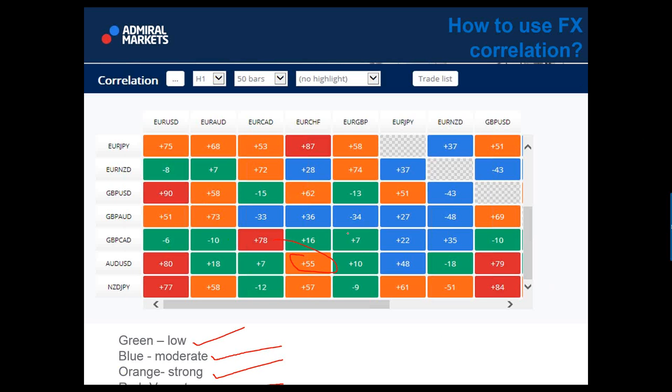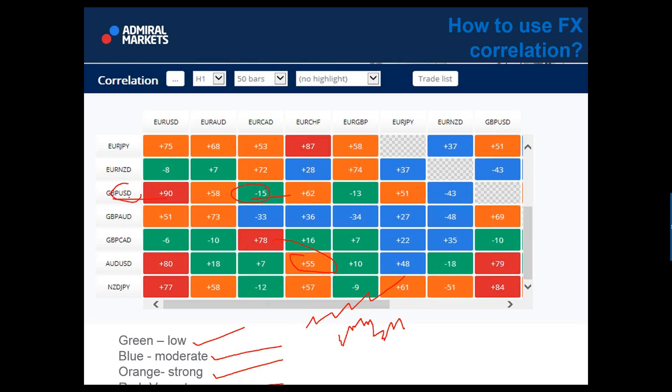For example, looking at GBP dollar, I can see that GBP dollar and Euro CAD have low correlation. It tends to be a little negative. So initially, if GBP dollar is up, Euro CAD may go down, but it soon can also go up. Then down, then up. But they are not moving in the same direction. And it's good, because I can take profits from GBP and then I can take profits from Euro CAD.